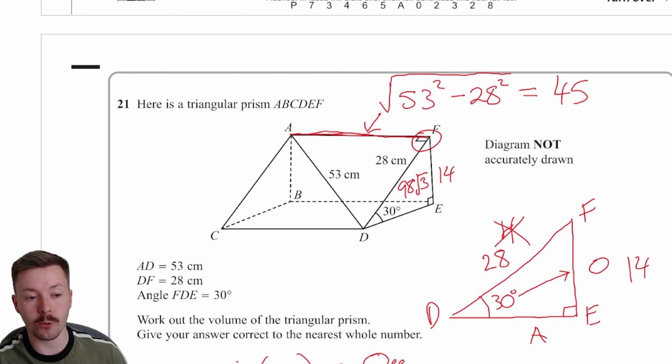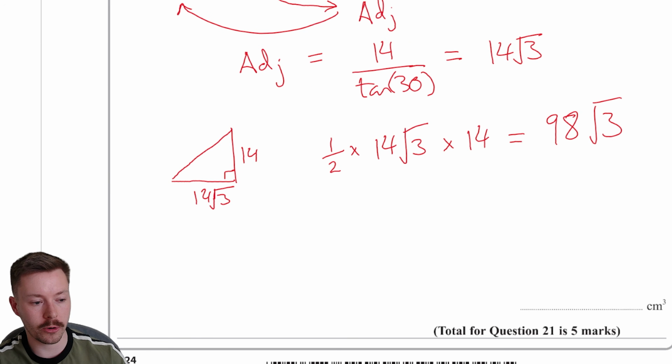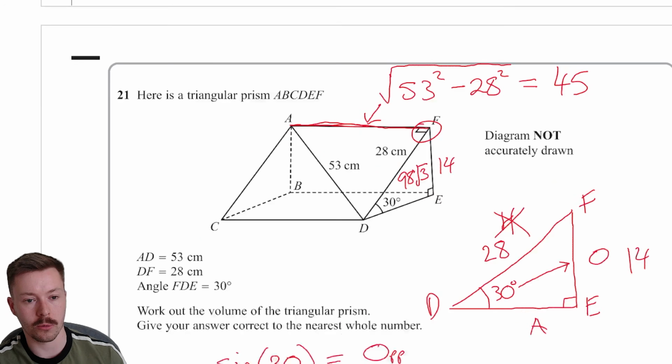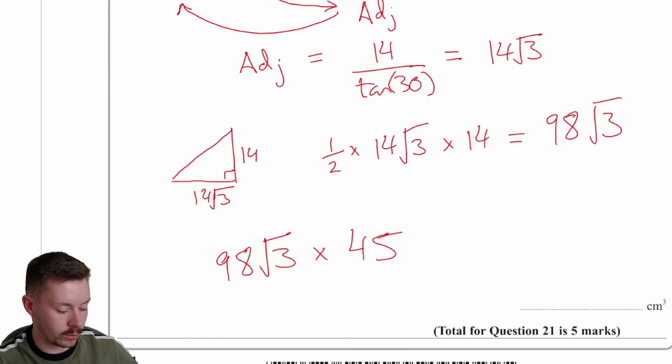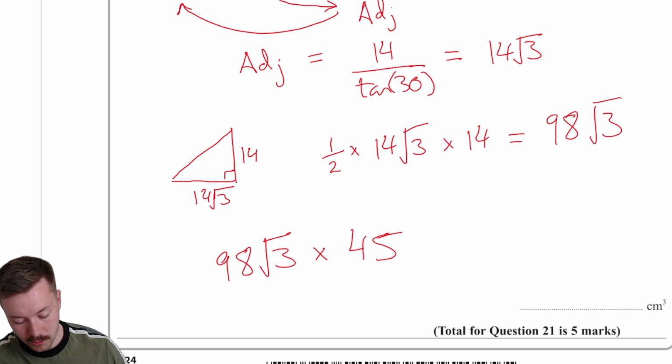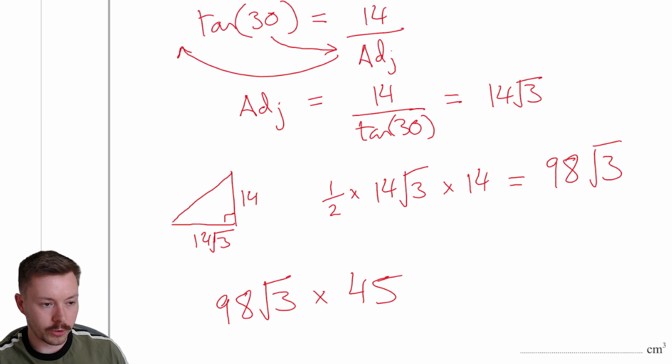So I'm now going to do 45 times by 98 root 3, the area of the triangle times by that length. So scroll down, 98 root 3 times by 45. That was correct. I'm not making that up. That is correct. Times by 45 gives us an answer of, and does it say to round it?